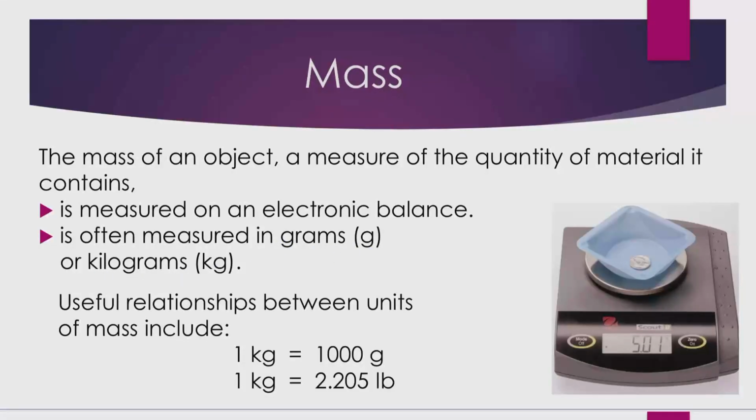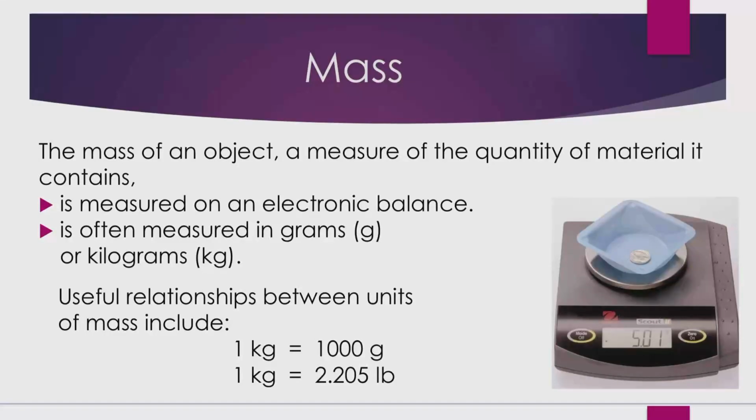If you're stepping onto a scale that's in metric units, it's going to say kilograms, because kilograms are big. Kilo is 1,000 grams in a kilogram. Some useful relationships between units of mass include 1 kilogram is 1,000 grams. So this K is for kilo. Kilo equals 1,000.